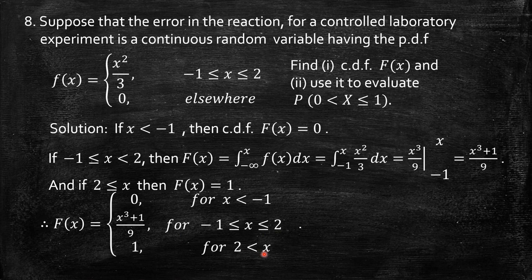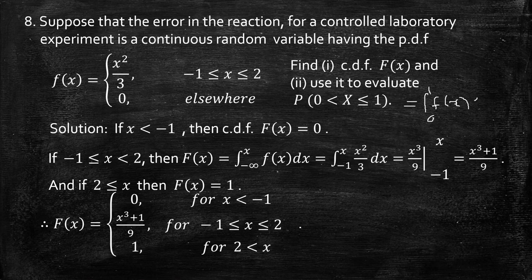Now by using this, can I find the probability of 0 less than x less than or equal to 1? Just observe, students, if I want to find the probability by the help of CDF, how can we find it? Using the PDF, as all of you know, we have to integrate between 0 and 1.